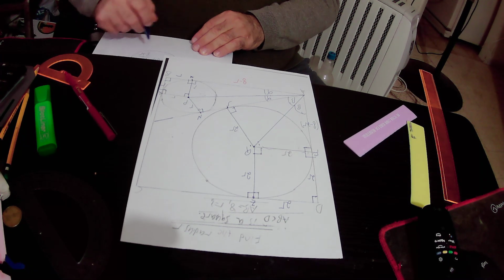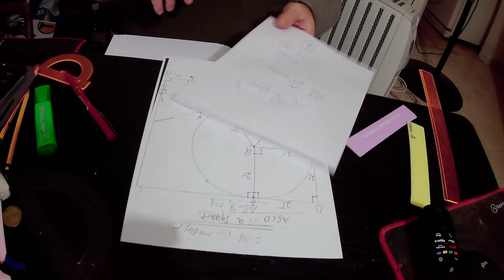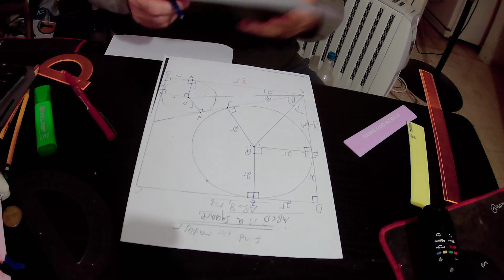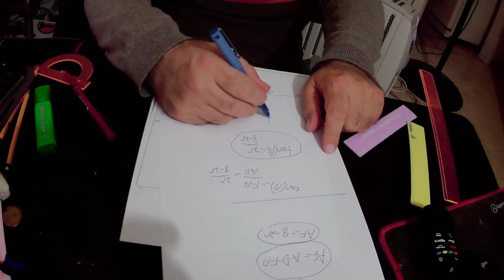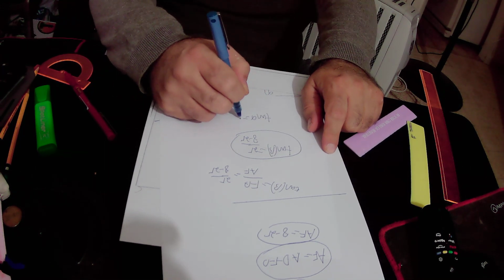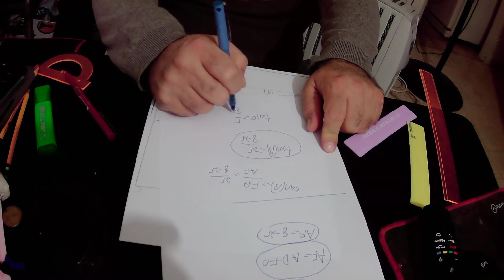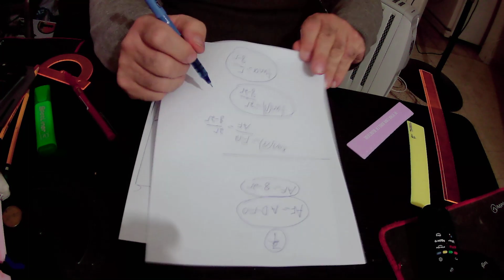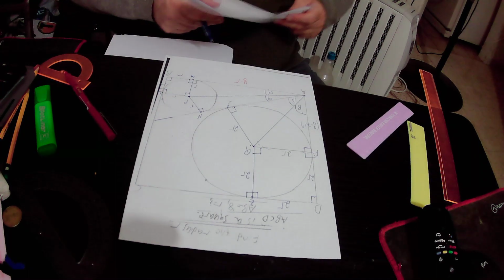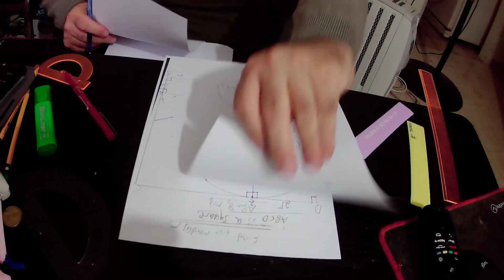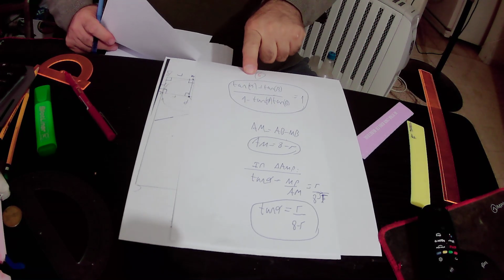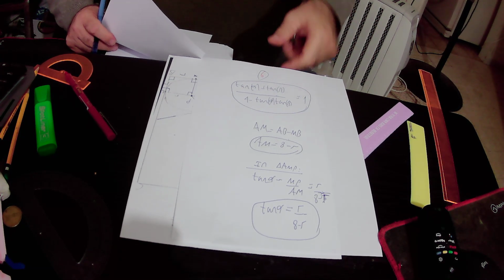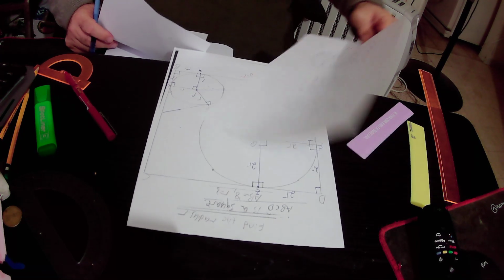Okay? We have the value of tangent beta, and we have already found out that tangent alpha equals R over 8 minus R. I will write down this equality again: tangent alpha plus tangent beta over 1 minus tangent alpha times tangent beta equals 1.